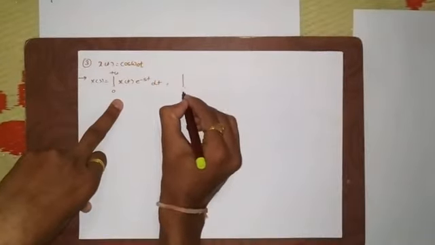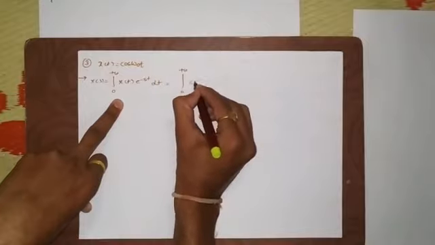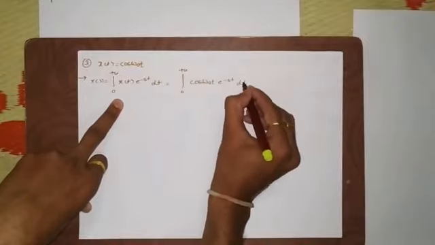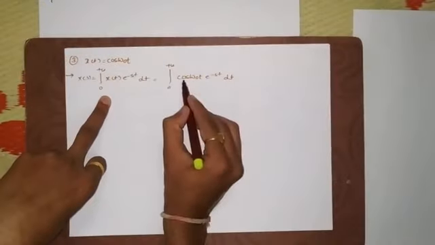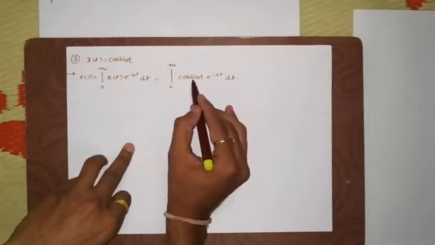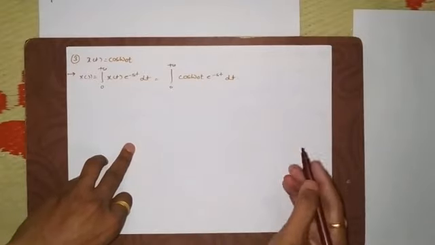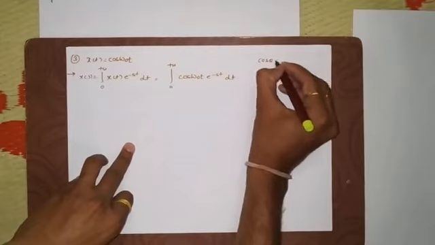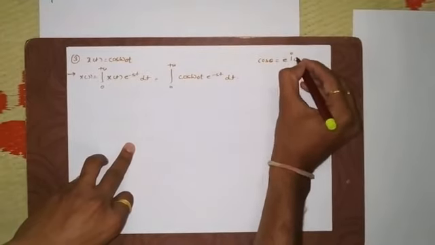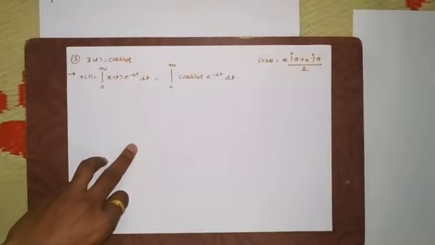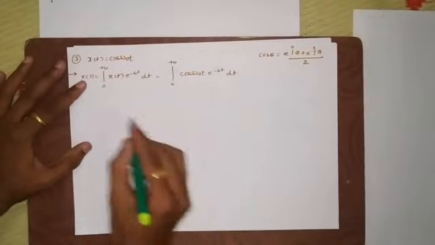So we'll put the value of input signal, which is cos omega naught t, e raised to minus st into dt. Now if you want to integrate this, the best method is to write cos in terms of exponential function. We know that cos theta is e to the power j theta plus e raised to minus j theta divided by 2.